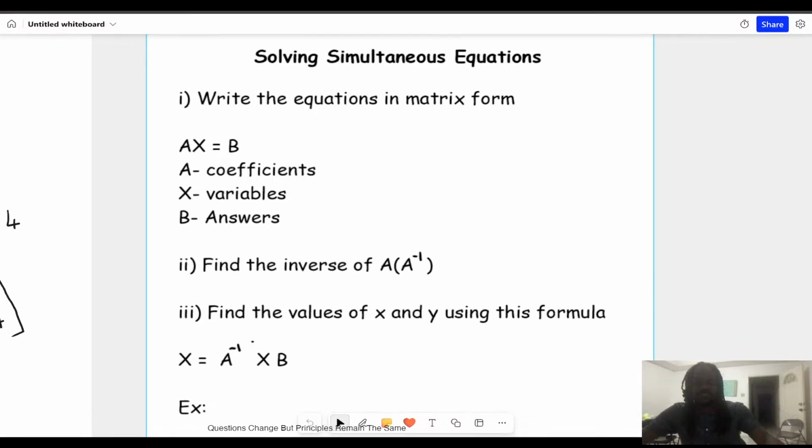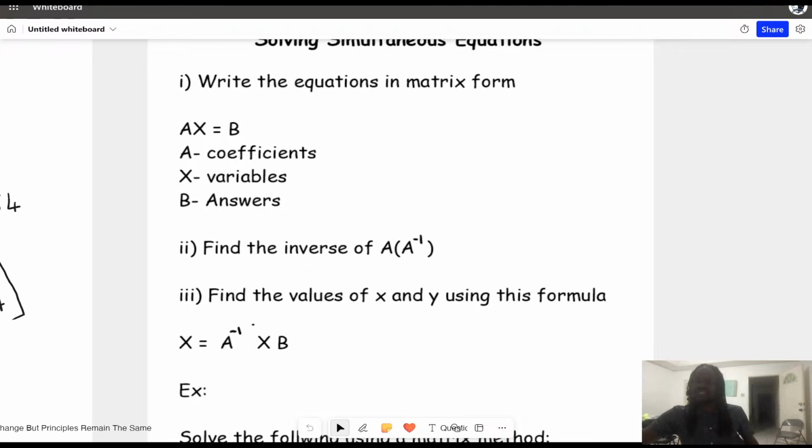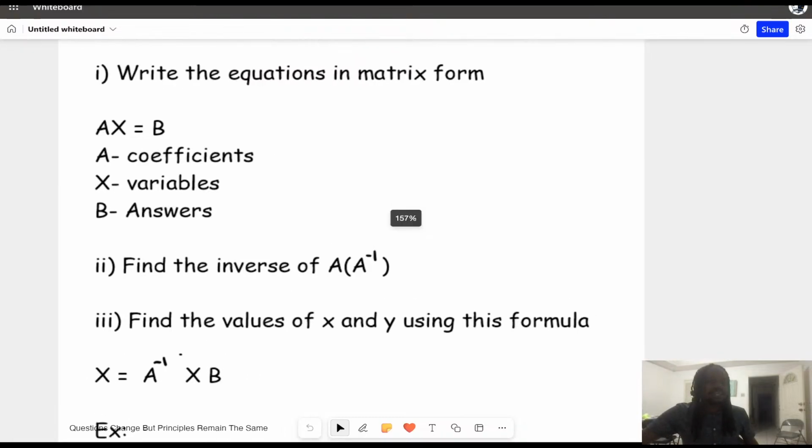So AX equals B. What does A represent? A represents the coefficients, and if you're doing a CSEC exam, for all of my CSEC students here, that means by now, the fact that coefficients and variables is something you learn in first form, you're supposed to understand what we mean when we say A is the coefficient.